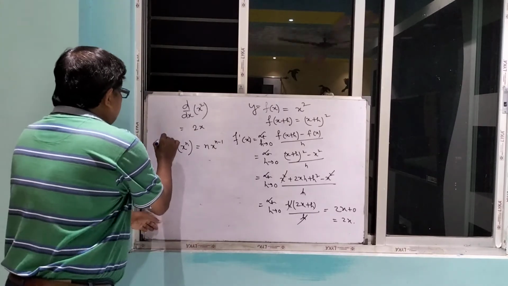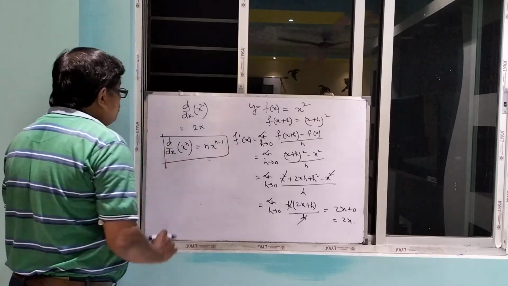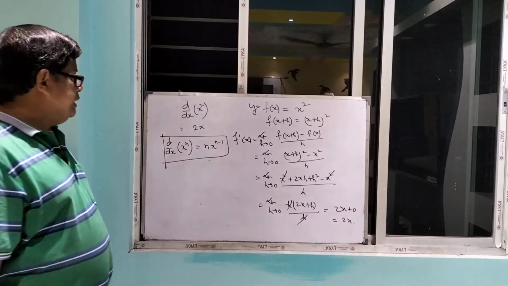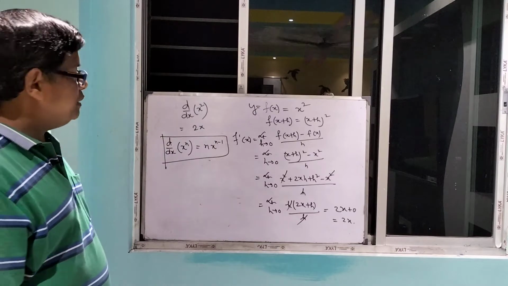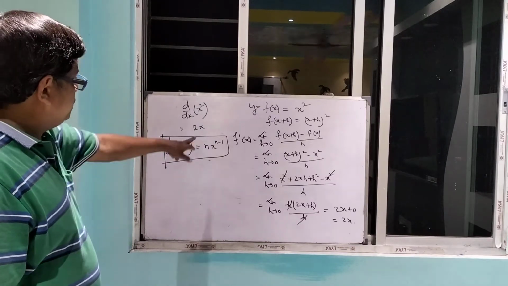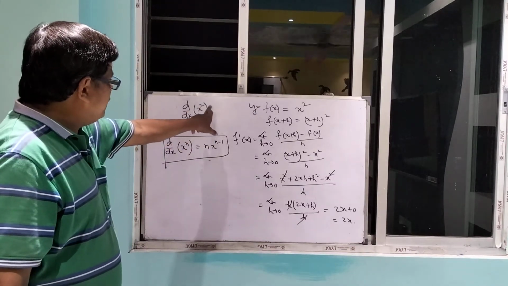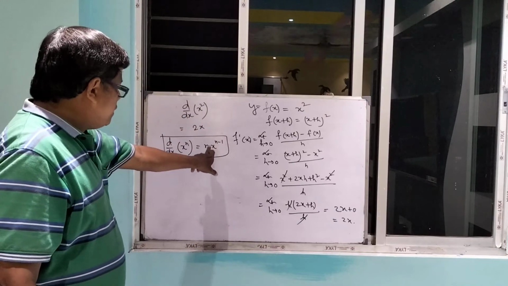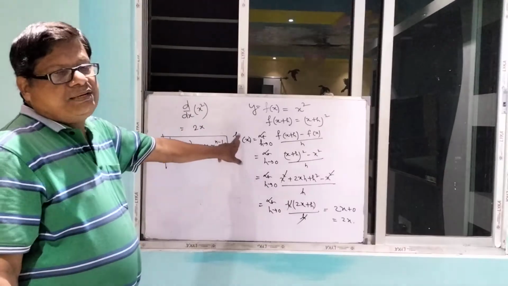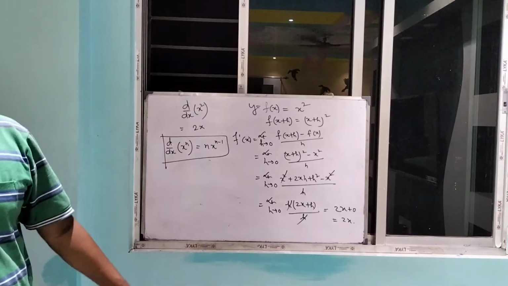Remember this formula. Here, n multiplied, 2 minus 1 is 1.